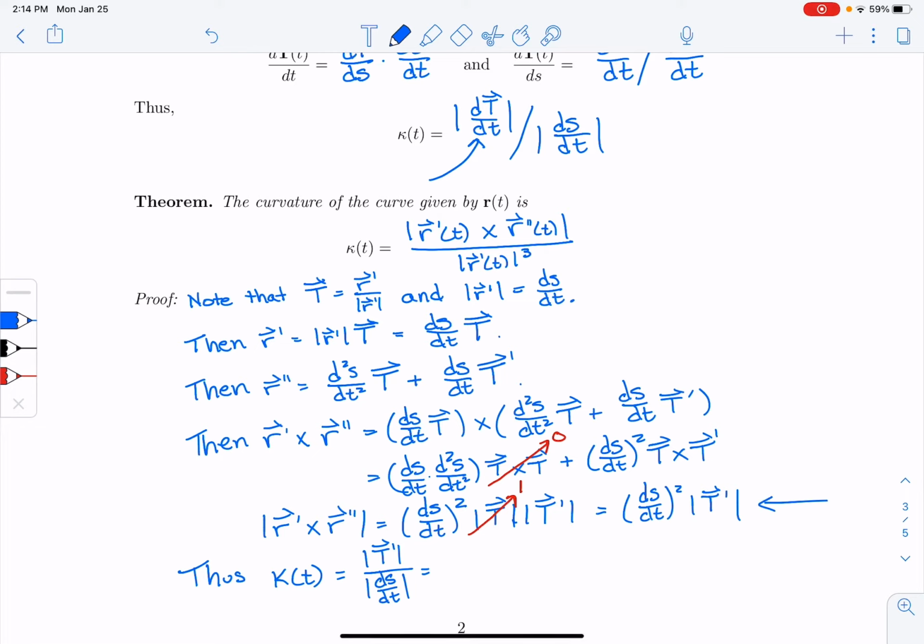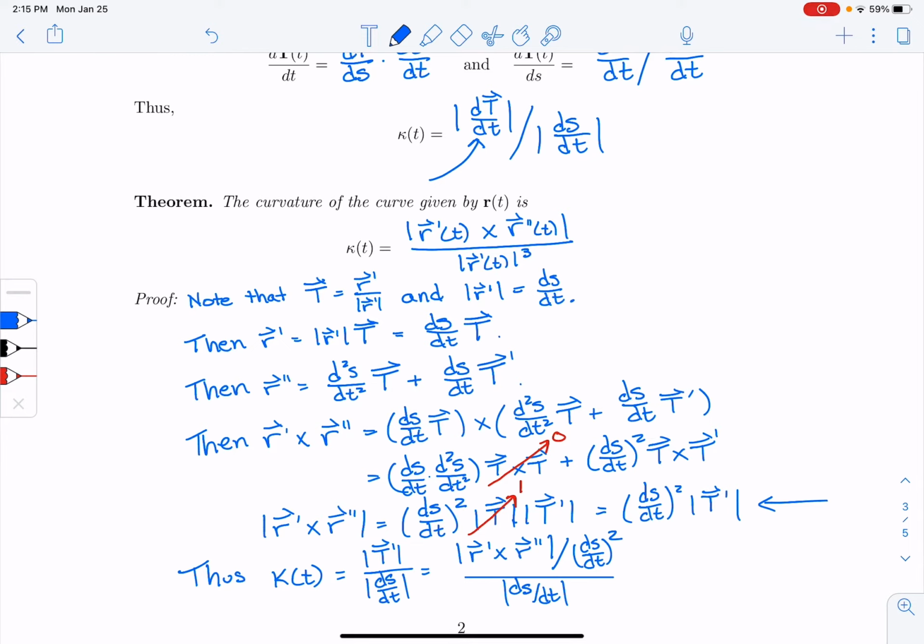So the magnitude of T prime is in fact the magnitude of r prime cross r double prime divided by ds/dt squared, and then that whole thing gets divided by ds/dt in magnitude.